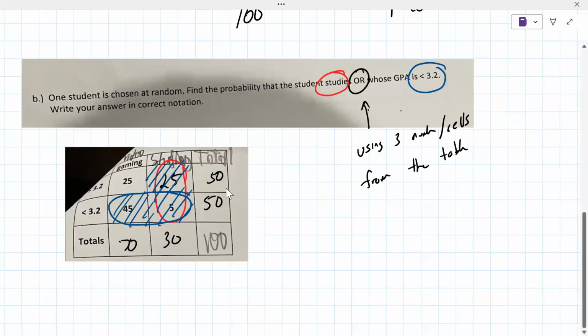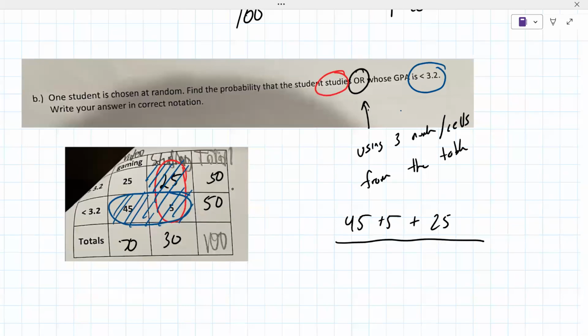Give me the numbers from the three cells that we're using. 45, 5 plus 50. No, where does 50 come from? It's not anything I've shaded, it's the total. Maybe 25. Yes, the 25, over 100.